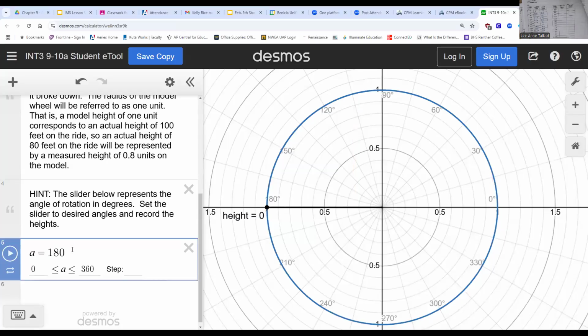So at 180, the seat's gone all the way around the Screamer and it's back at ground level. And then what's the seat going to do? It's going to go underground.